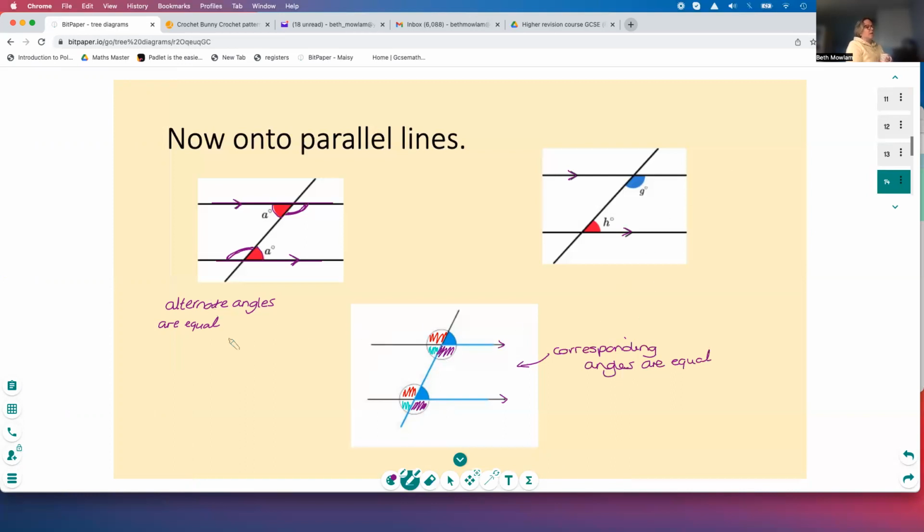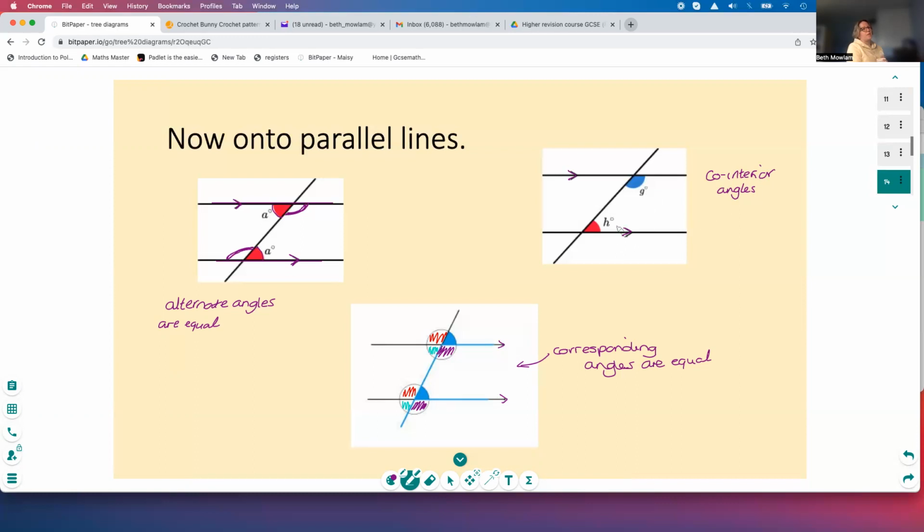So you've got alternate angles are equal, corresponding angles are equal. The last one we've got to know is what we call co-interior angles. Co-interior angles are both in between the two parallel lines. They're on the same side of the line as each other.